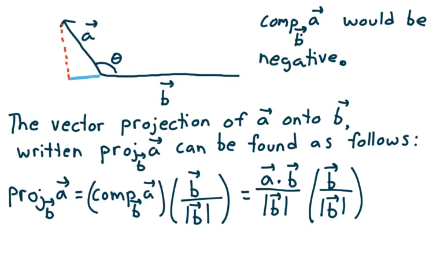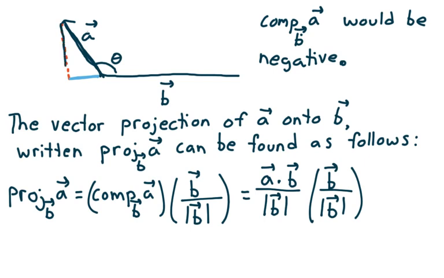Now, if I draw A in this way, notice how theta is greater than pi over 2, but less than or equal to pi. And in this context, notice how I drop the perpendicular down.